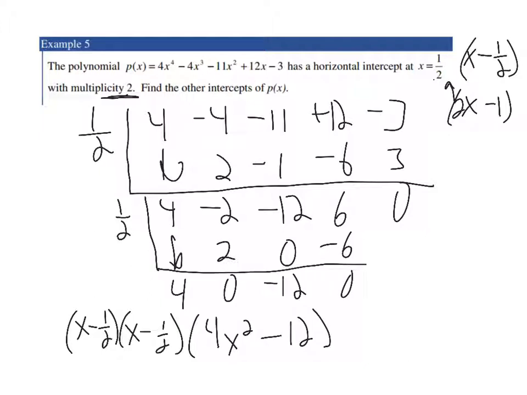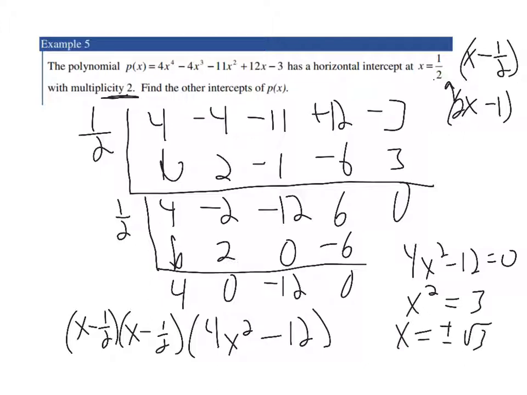I want to find the other intercepts. Don't I want to know where 4x squared minus 12 equals 0? I can add 12 and divide by 4. x squared equals 3, so x equals plus or minus the square root of 3. So those are my other x values.